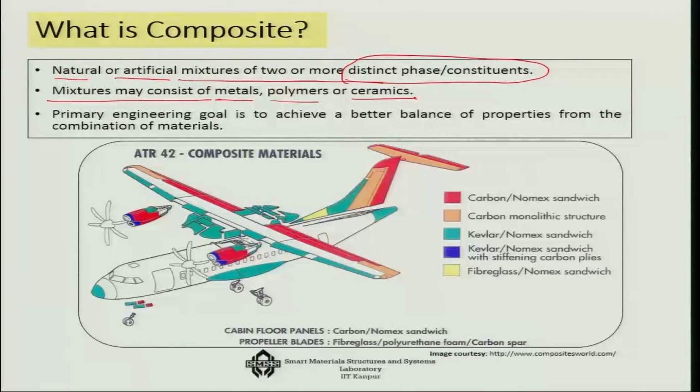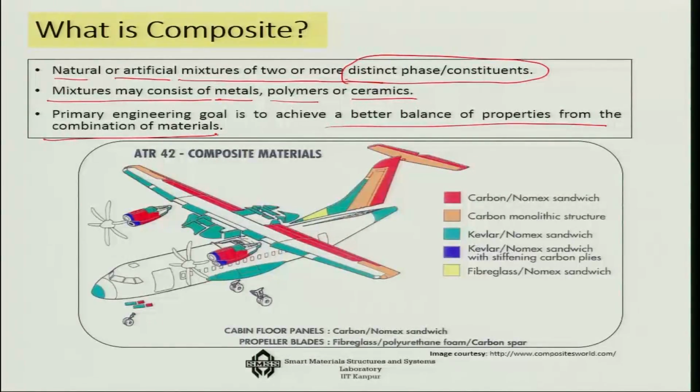Now, what is the primary engineering goal? Why are we mixing? We are mixing to achieve a better balance of properties from the combination of these materials. A better improvement in terms of properties. What improvements can you think of for mechanical applications?